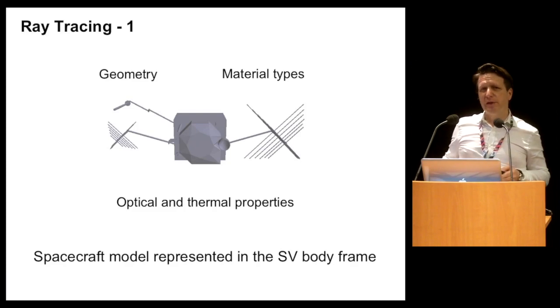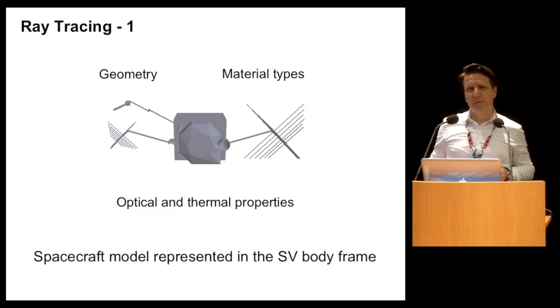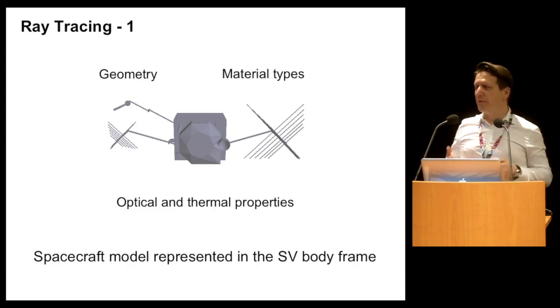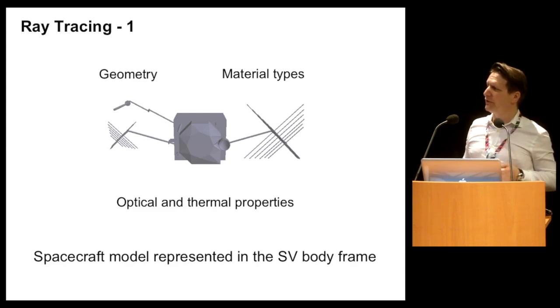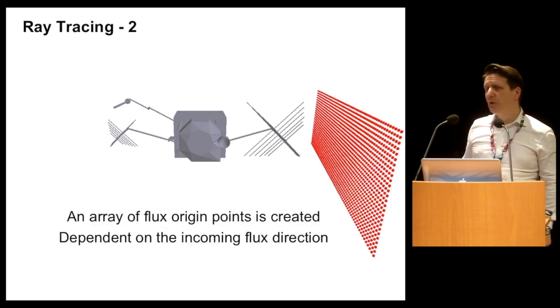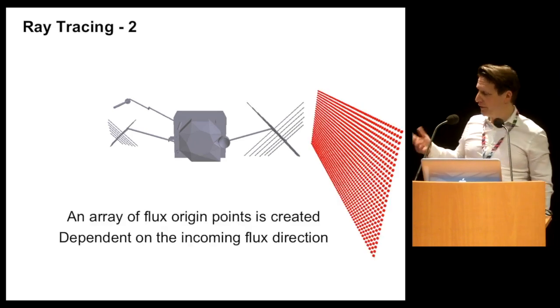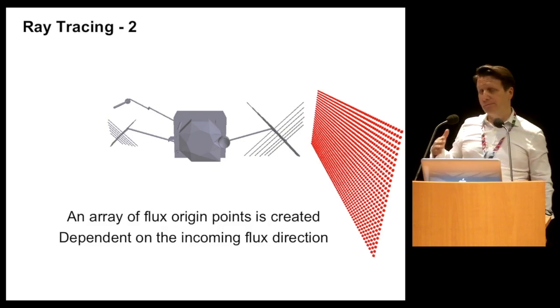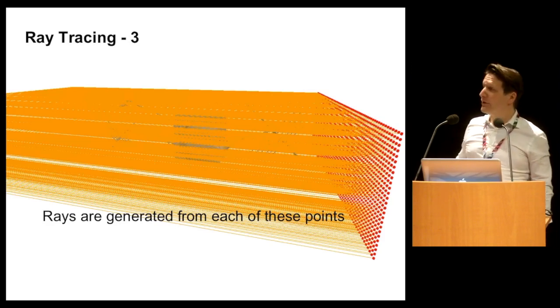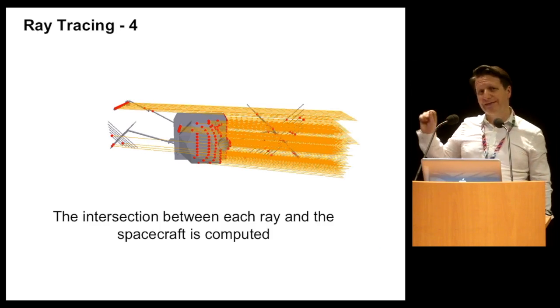Then we create a database of the optical and thermal properties, and we list which materials are present, and we represent the geometry of the spacecraft in particular ways. We do all this modeling in the body frame of the space vehicle. We then simulate our photon flux using a pixel array. For each one of those pixels, we project rays of radiation towards the spacecraft, and use ray tracing algorithms, which we've developed ourselves, to work out which parts get hit by those rays of radiation.